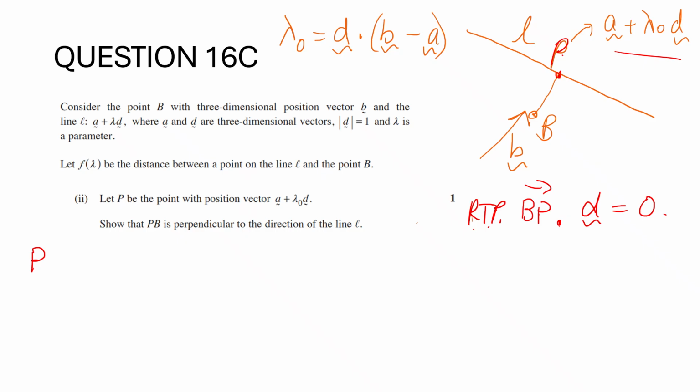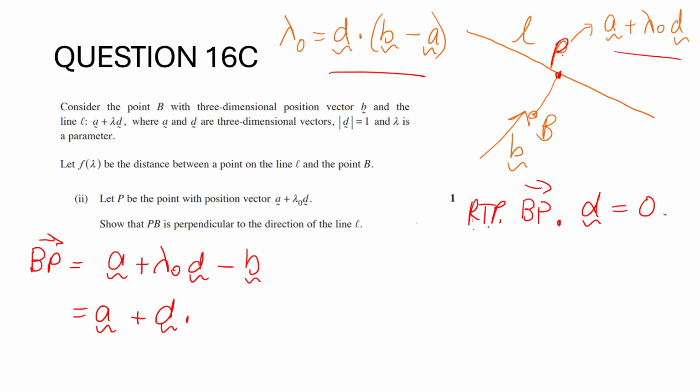And so BP is equal to A plus lambda naught D take away B, which is equal to A plus, subbing this in, D dot B minus A multiplied by D, take away B.